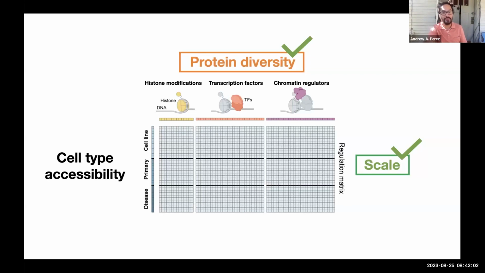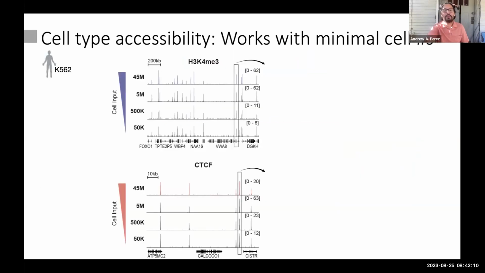Anyways, we do protein diversity, but now we ask ourselves, what about cell type accessibility? How many cells do we need to do this assay? And so we titrated the number of cell equivalents down from 45 million to 5 million, 500,000 to 50,000. In this 200, I think one megabase region for H3K4 trimethylation, we see a nice correlation, and the same is true for CTCF.